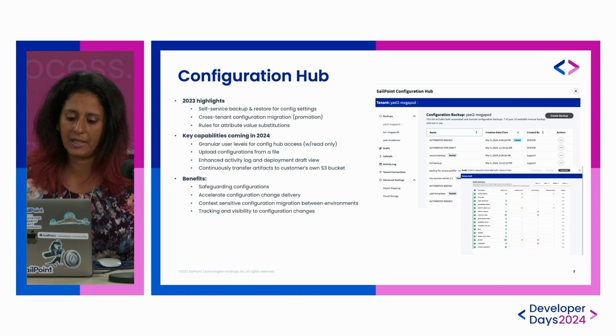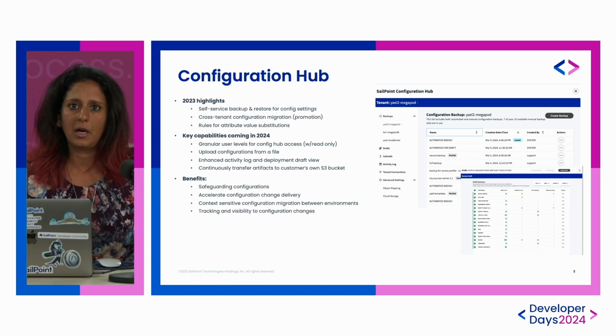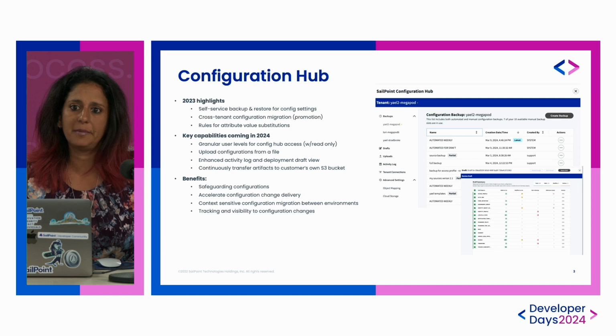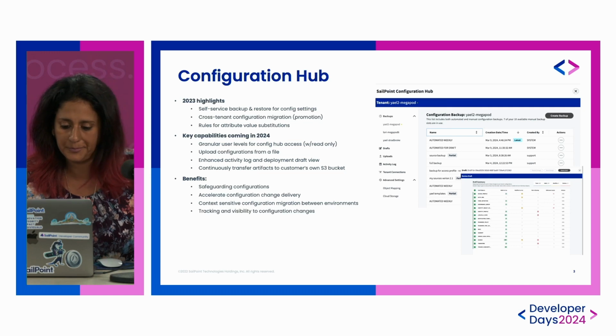Just quickly talk about what's coming next. We do want to add additional granular access per object type. So really, if an Identity Security Cloud admin has access to manage roles, let them manage roles only via Configuration Hub. So have granular access via object type.